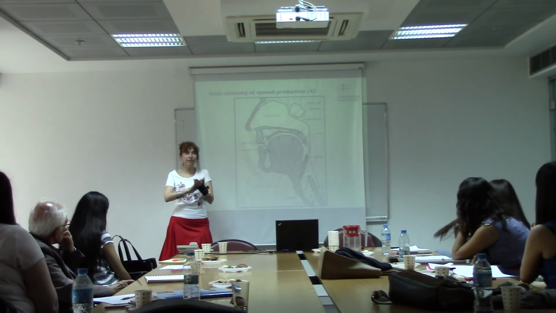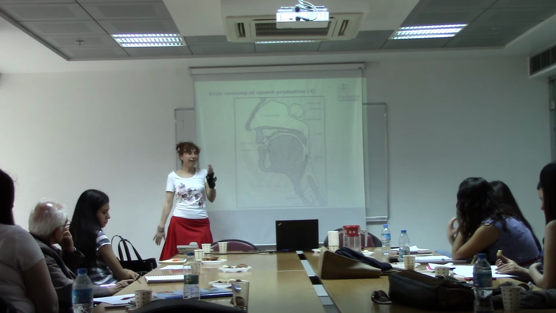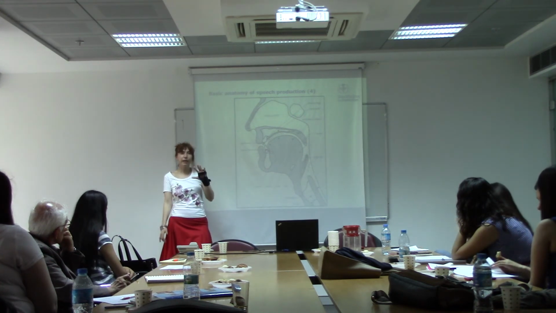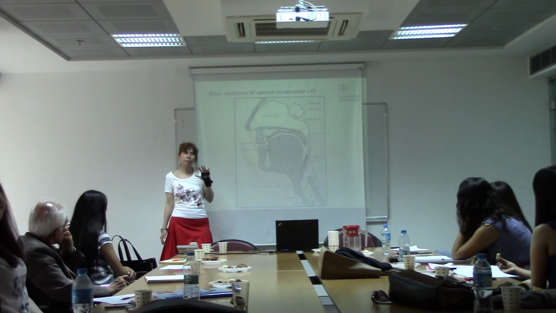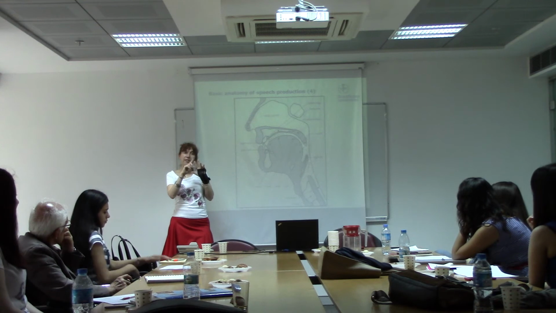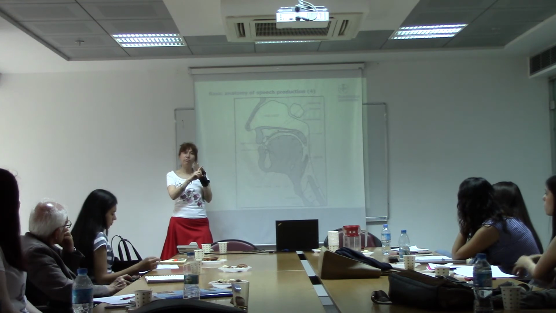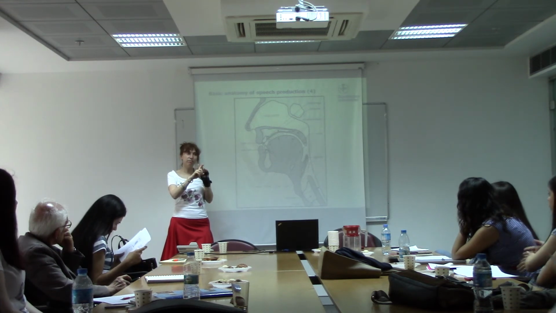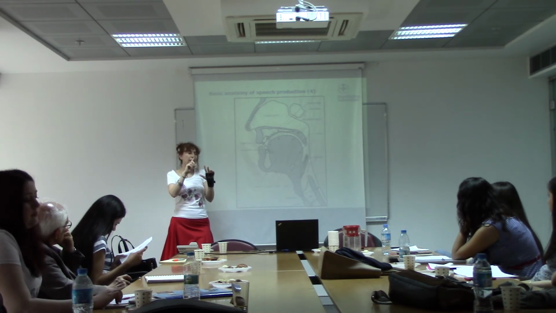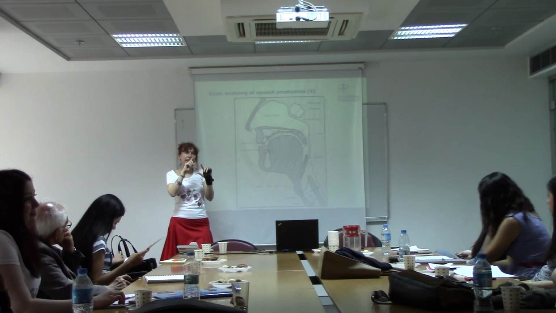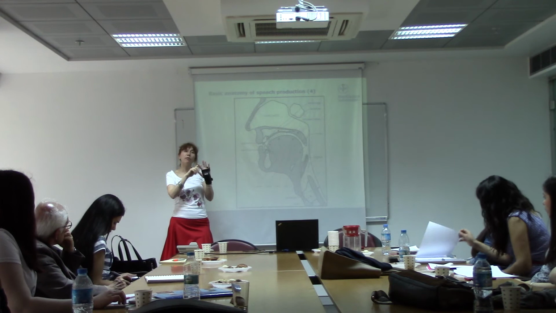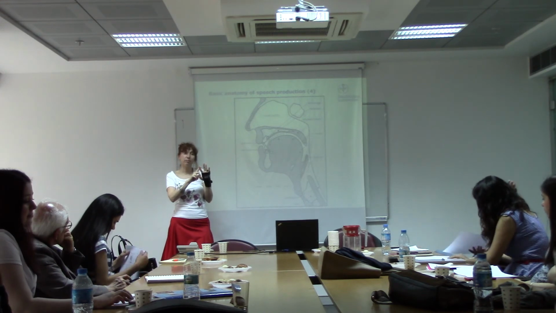I've spelled all of these things out on the handout, but if we count them, how many dimensions do we have to describe the sounds of speech? Source of airflow, direction of airflow, phonation, presence of voice or no voice, place of articulation, and manner of articulation.